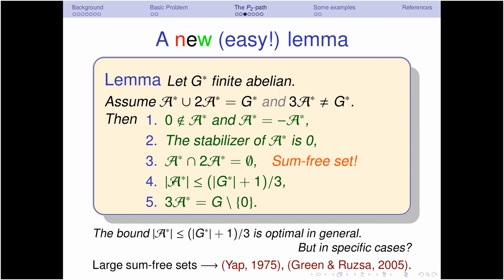Once you have that, it's easy to show that A star is small, and that in fact 3A star misses only the class 0. I don't exactly understand where all of that is coming from. So that's what happens.